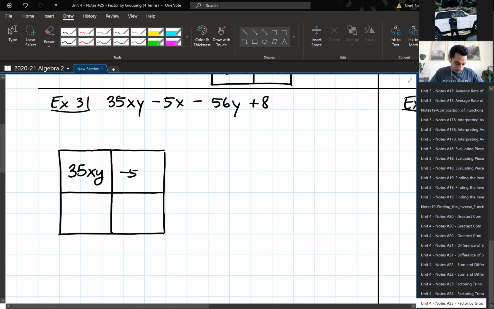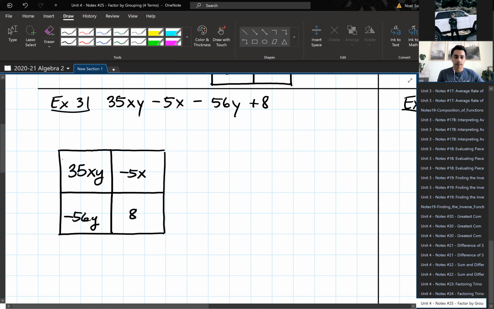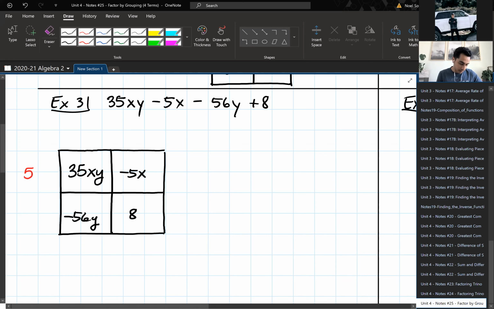So include that negative. Negative 56y, and positive 8. All right, so let's go ahead and go through it. What would be the GCF of the top row? Yeah, we have 5x, right? Both 35 and 5 are divisible by 5. They both have x in common, so 5x is my GCF.